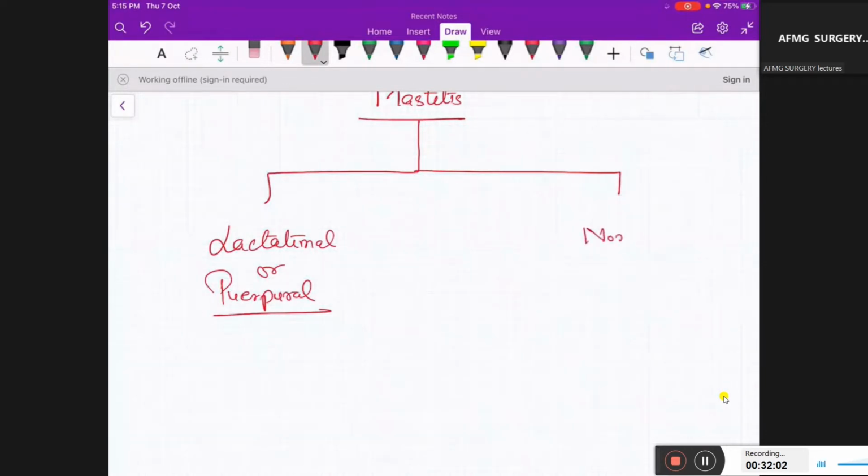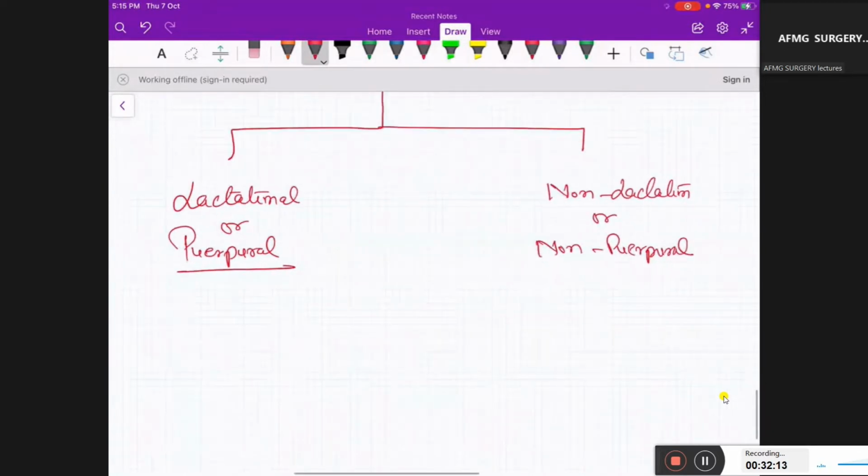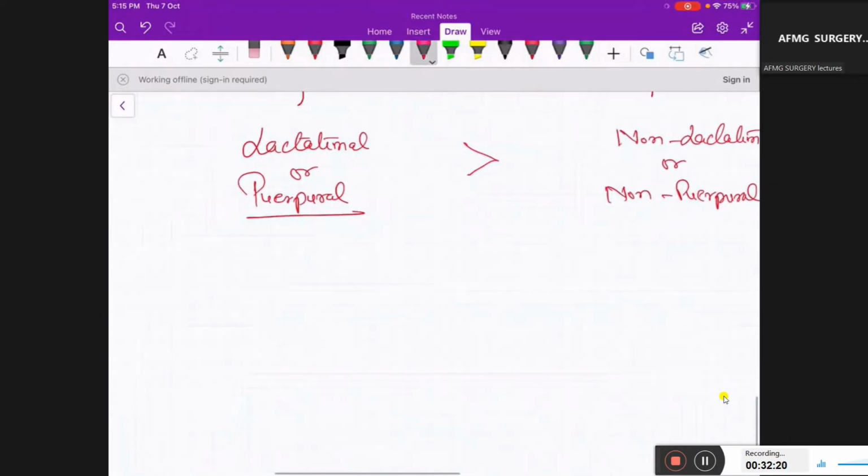There can be a non-lactational mastitis also, which is also called non-puerperal. Out of the two, can anyone tell me which is more common? Lactational mastitis is more common than non-lactational.